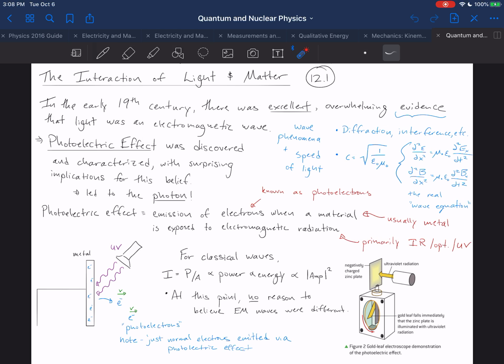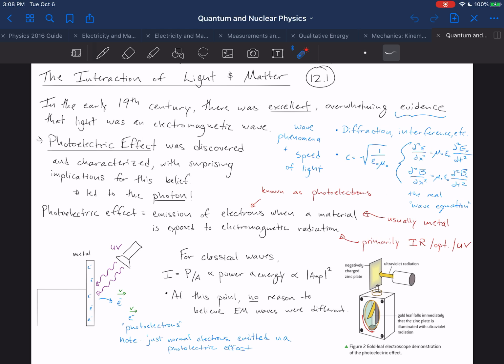And not only that, this value was acquired through theory via Maxwell's equations, that is, through the differential equations that related the electric field to the magnetic field and vice versa. These are the real wave equations here.